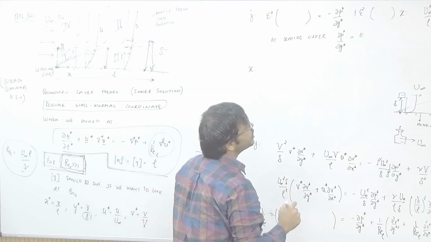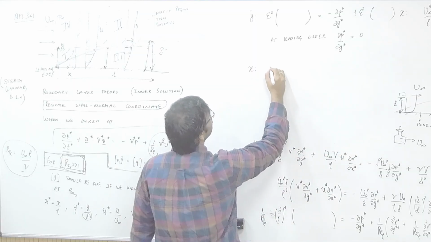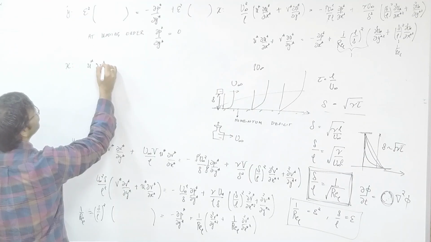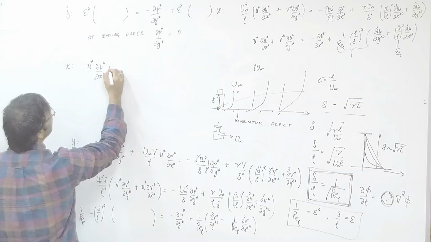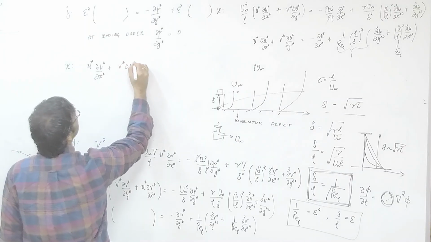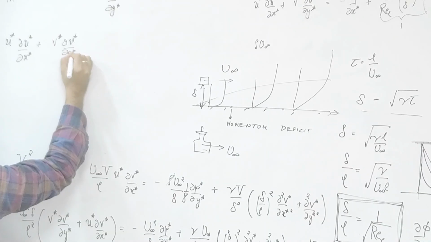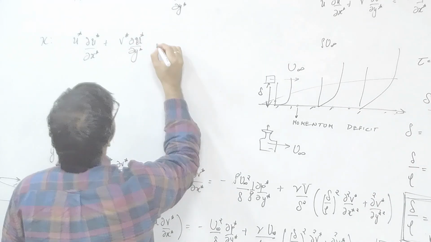What is the x momentum equation? What do we get from the x momentum equation? We'll get u star del u star over del x star plus v star del u star over del y star equals minus.